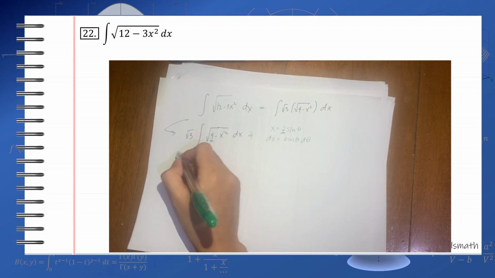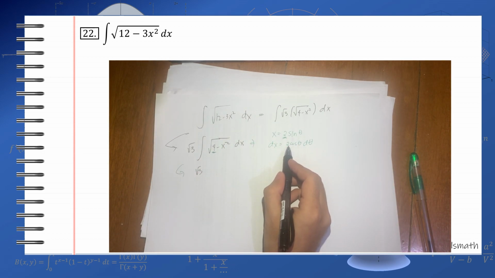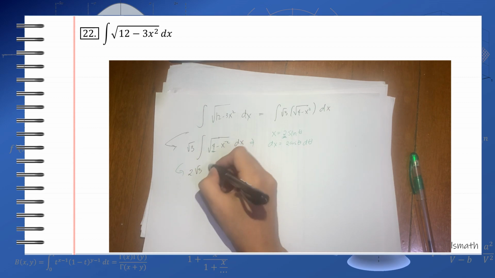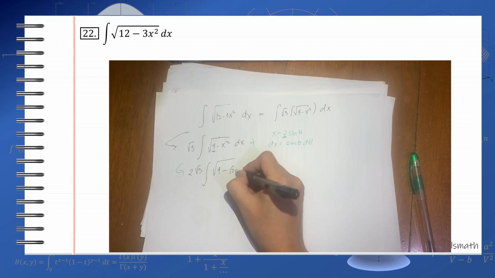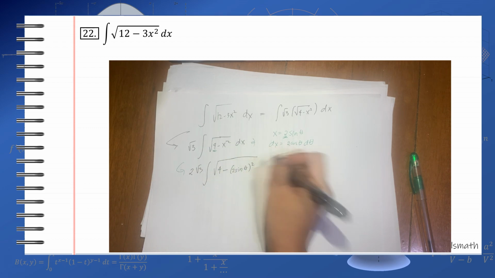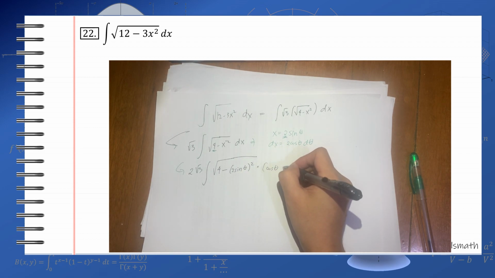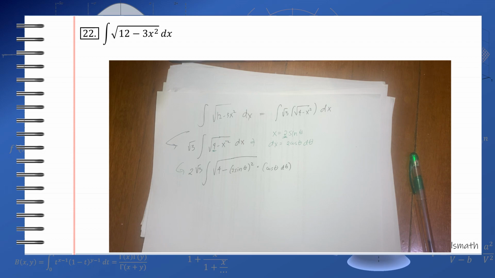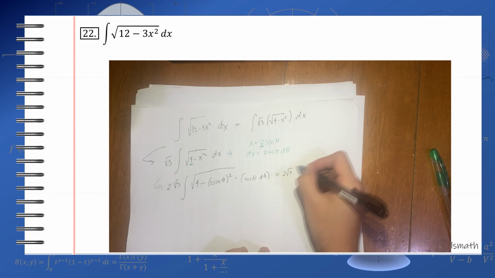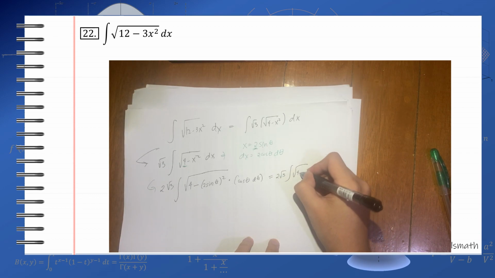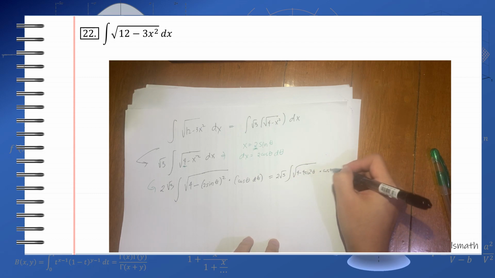So this becomes the square root of 3 times, there's a factor of 2 here, I'll take it out, 2 times the square root of 4 minus 4 sine squared theta times cosine theta d theta.